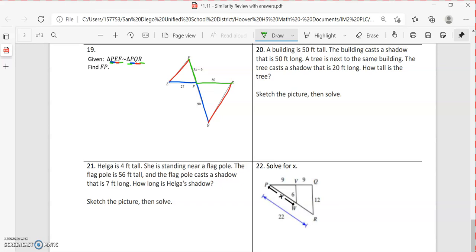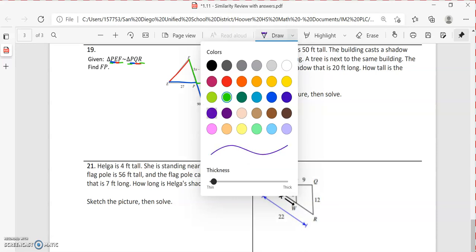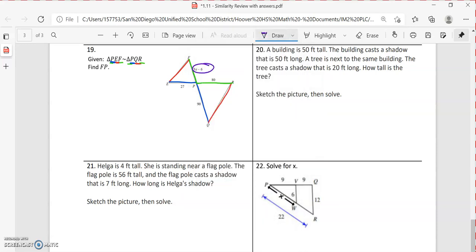Now I'd like to identify what my variable is. Our variable in this question is right here, 3x minus 6. That's going to go over the side that's related to, which is 80, the other green side, equal, what's the other number we have in this triangle? It's 27. Let me erase that and move it away. Over 90.